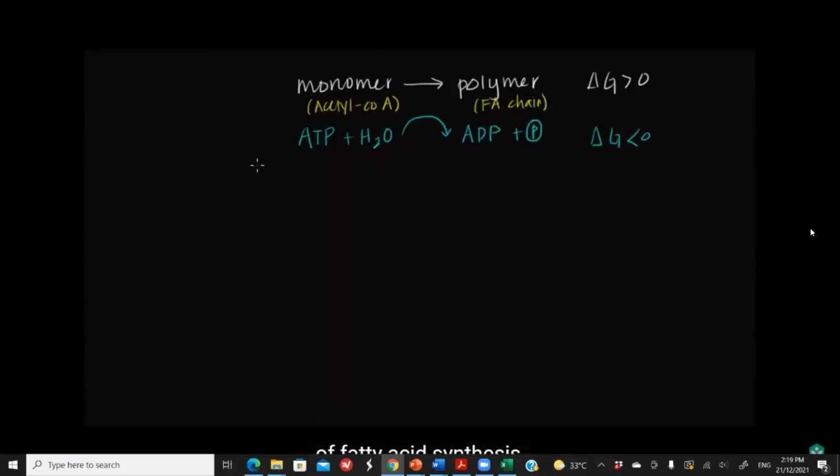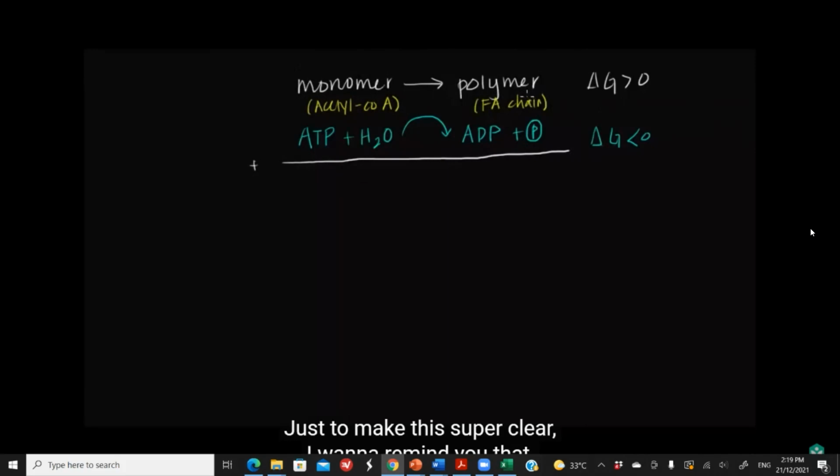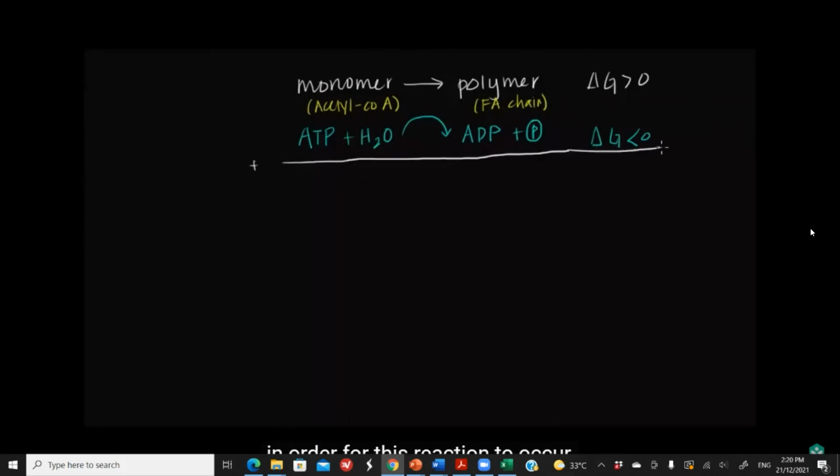Now, before we get into the specific steps of fatty acid synthesis, I want to take a bird's eye view first and write out what the overall chemical reaction would be for fatty acid synthesis occurring in our body. So essentially what I'm doing is adding these two equations together. And just to make this super clear, in order for this reaction to occur, obviously we need to have a favorable delta G value.